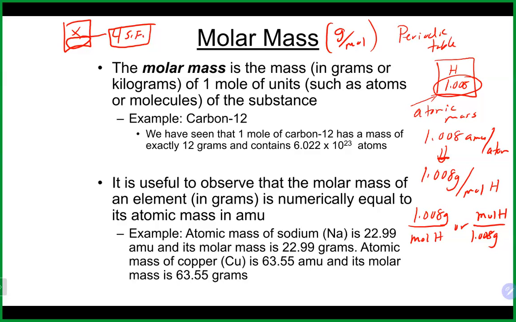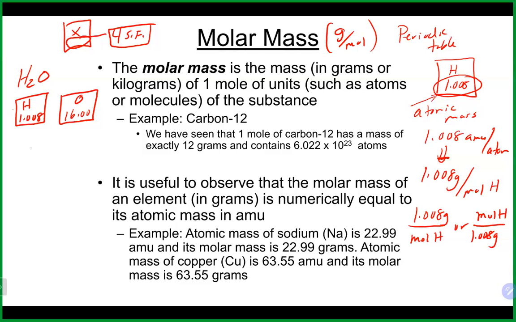This also works for anybody on the periodic table, but it works for molecules as well. H2O, if I want the molar mass of water, I pretty much just add up all the parts. So if I go to the periodic table, I will see hydrogen that says 1.008. I will see oxygen, which basically will probably say 15.999, which is basically 16. And I could get the molar mass of each of these guys, and all you have to do is just add up the parts.